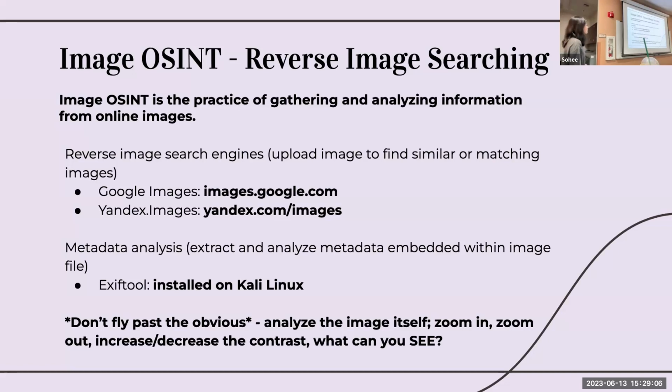The reason this is relevant is because sometimes pictures can have really sensitive information embedded within them. For example, it could show your geographical location. So where was the photo even taken, right? You snap a photo and it'll embed your location and even when you took it within the image.